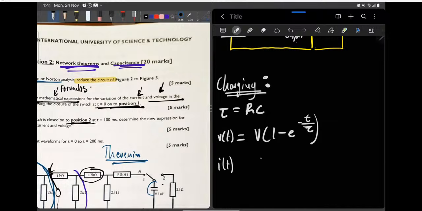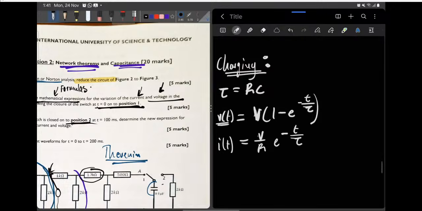This is for charging. The voltage at some point is max then 1 minus. Then this is going to be what? V over R. Then this is going to be e to the negative t over tau. We can just write it like this to say I as a function of time is big I, then e to the negative t over tau.